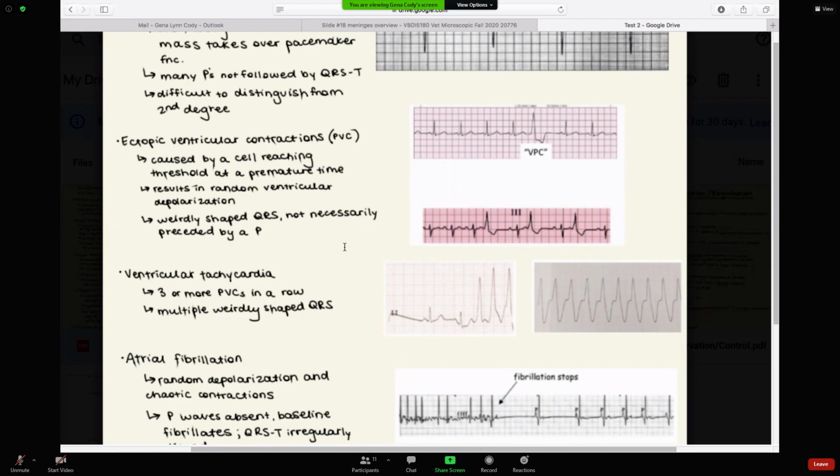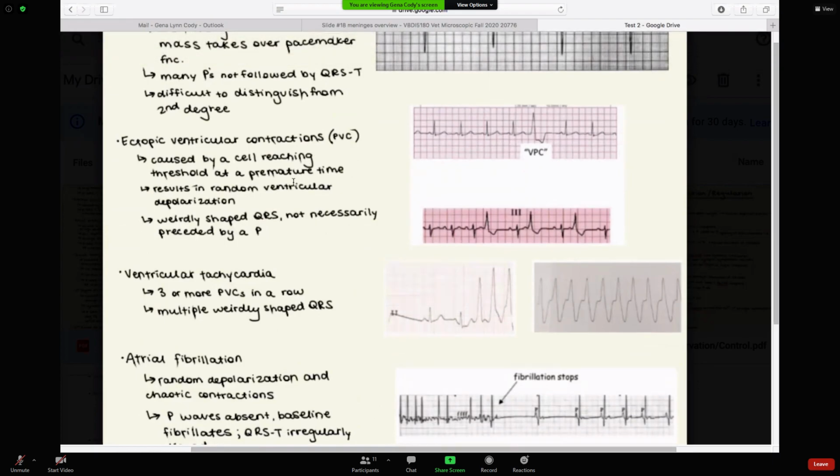So if some random cell in my left ventricle reaches threshold and depolarizes before it's supposed to, the rest of my ventricle is going to depolarize before it's supposed to and cause a premature contraction. That's what the P stands for in PVC, premature ventricular contraction.